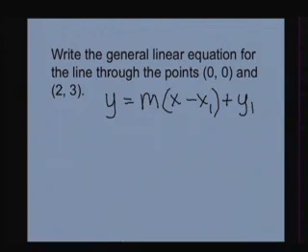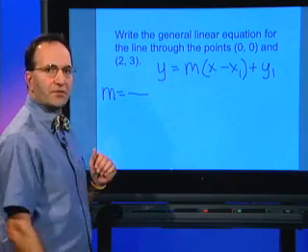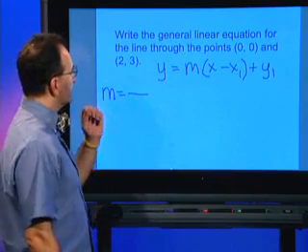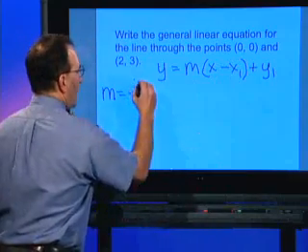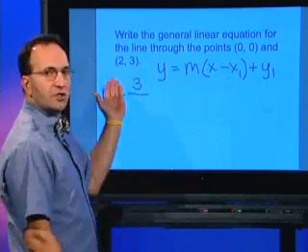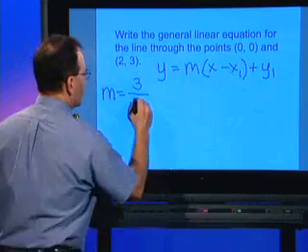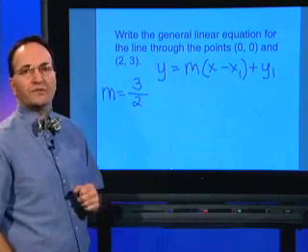So first, let's find the slope, which is m equals delta y over delta x. Well, if we take the point 2, comma 3 as our second point, we would go 3 minus 0 and just get 3 on the top. And by the same reasoning, 2 minus 0 to give us 2 on the bottom. So our slope is 3/2.